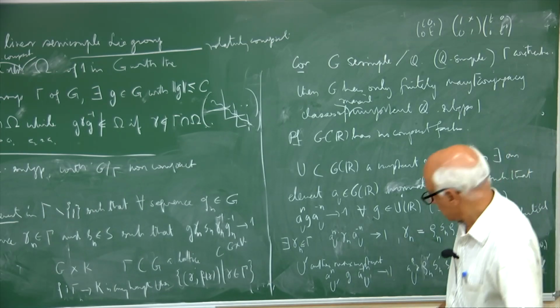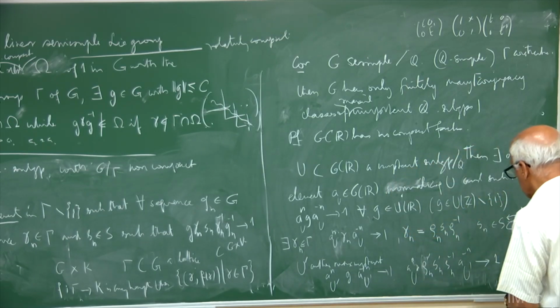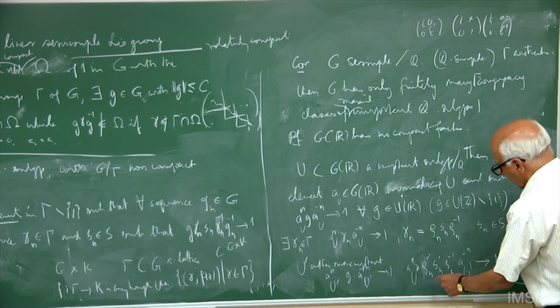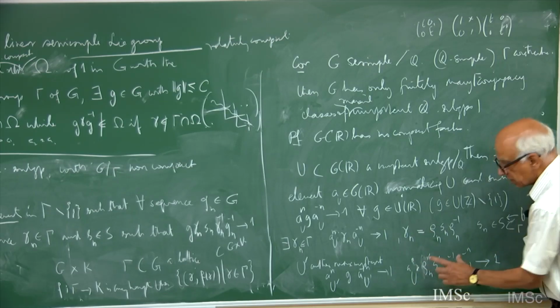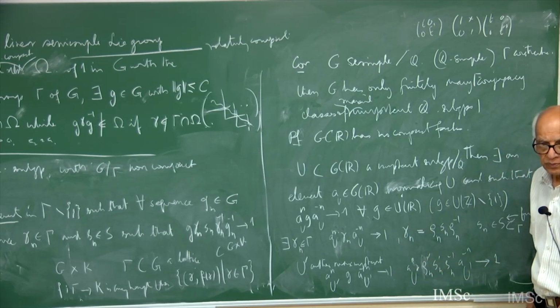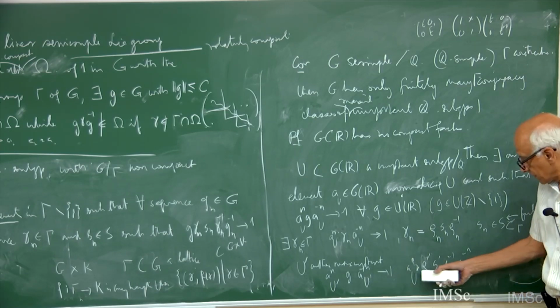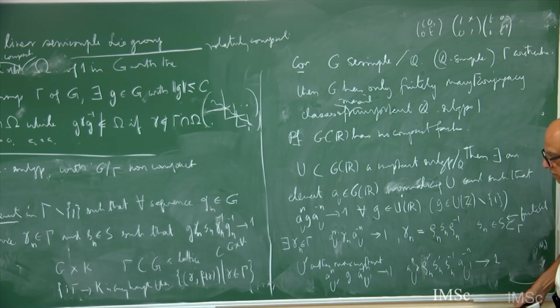Now, this means for large n, this conjugation will land this in a Zassenhaus neighborhood.